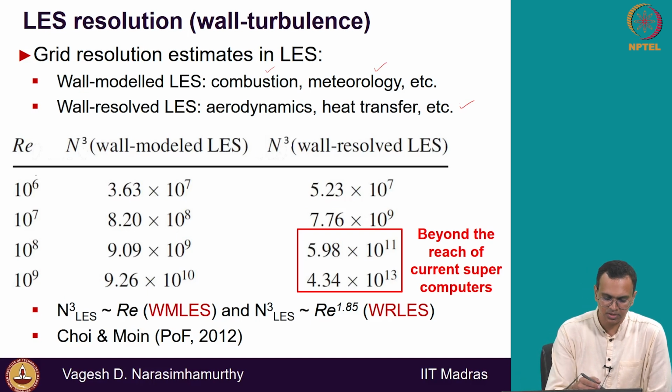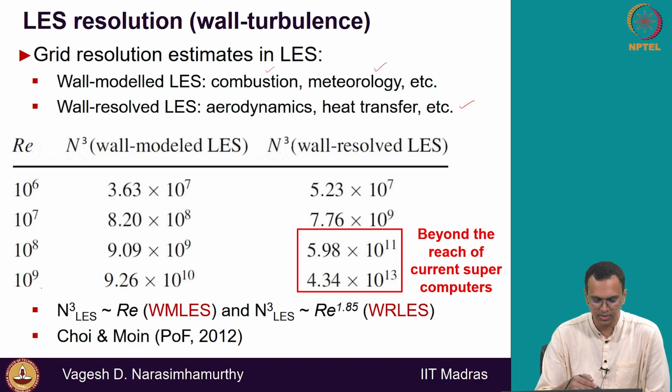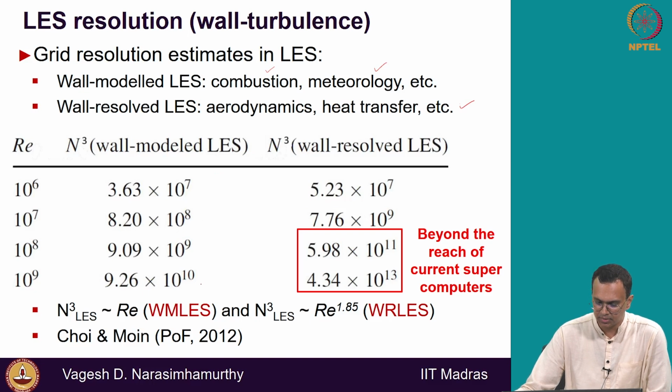So if Reynolds number goes like this, from 1 million to let's say a billion, typical industrial flows, right, then we have this wall modeled LES. The N cube coming from wall modeled LES goes like this. So typically in a wall modeled LES, that is N LES or N cube LES, scales like Reynolds number, right.